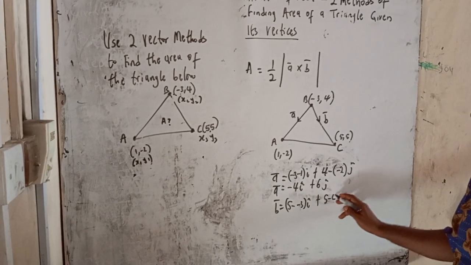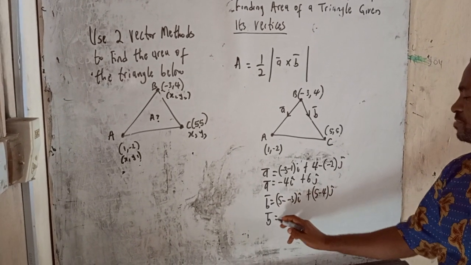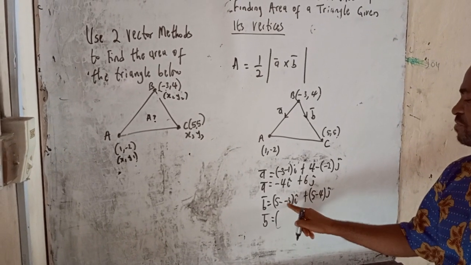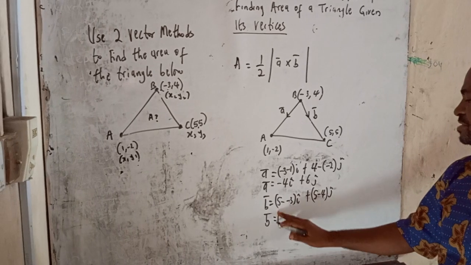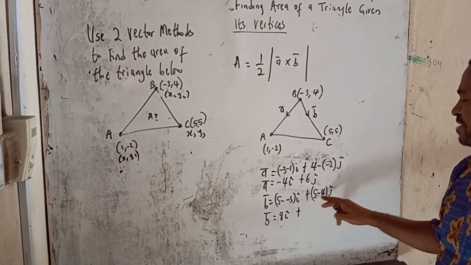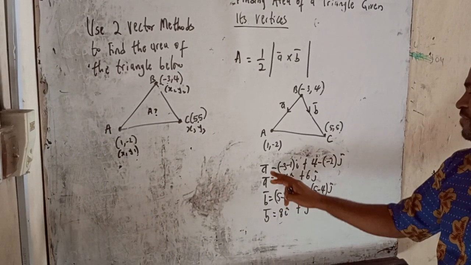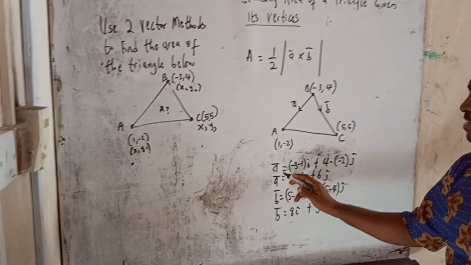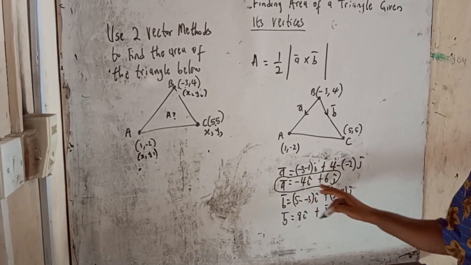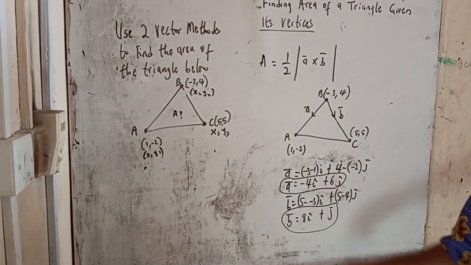We call it J. So vector B will be 5 minus minus 3. Minus times minus will give us plus. 5 plus 3 will give us 8, so we have 8I plus 5 minus 4, which gives us 1. 1j is the same thing as j. So vector A is given as this in terms of the unit vector, and vector B is given as this in terms of the unit vector.